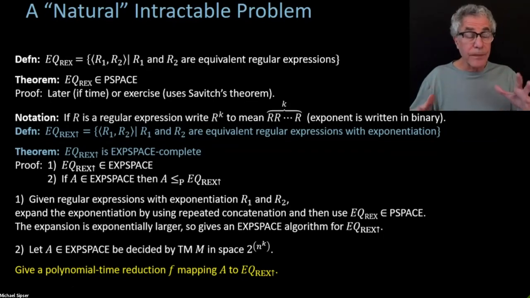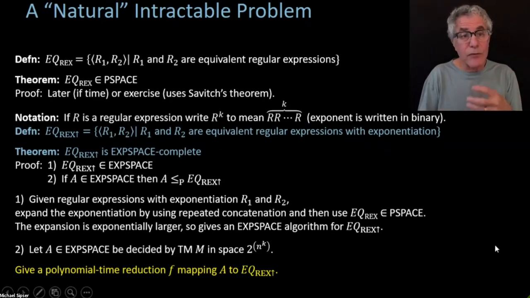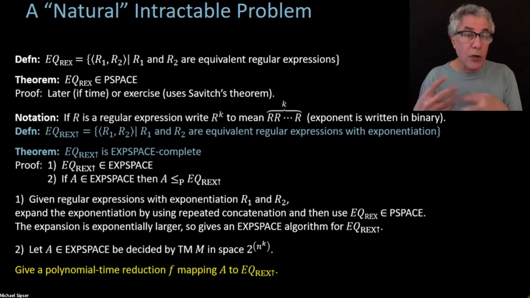So now we're going to be simulating in a certain sense M on W, the decider for this exponential space problem A. We're going to take M on W, and we're going to somehow have to express the fact that M accepts W using this equivalence problem for regular expressions with exponentiation.